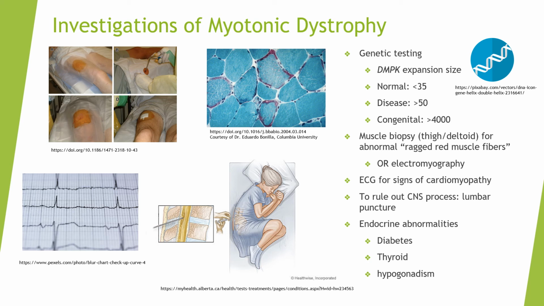Endocrine abnormalities, such as diabetes, thyroid, and hypogonadism, can be evaluated with their own set of lab tests. Keep in mind, this is just the entire list of most of what you would do in all the patients with myotonic dystrophy added together. You wouldn't necessarily do all of this all the time.